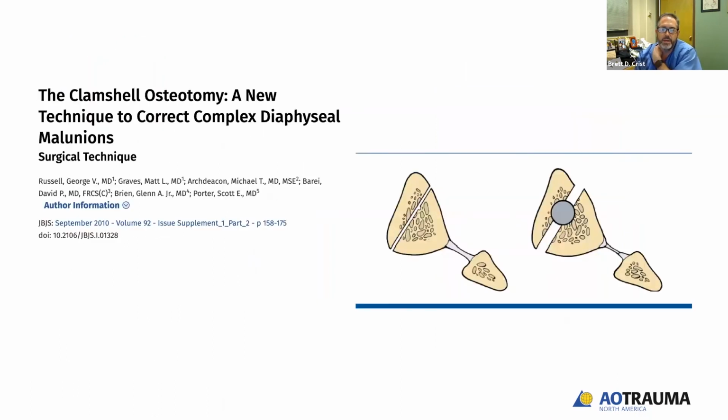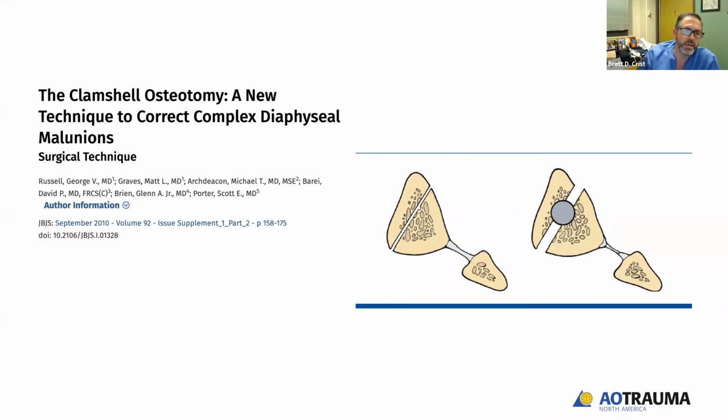But we still needed to address the rest of the things. And so I thought of a clamshell for a couple of different reasons that were brought up. Number one, I didn't think plating a proximal tibial osteotomy would address her stress fracture, so I wanted to use a nail concept. And also her bone did make me nervous as far as plate fixation.